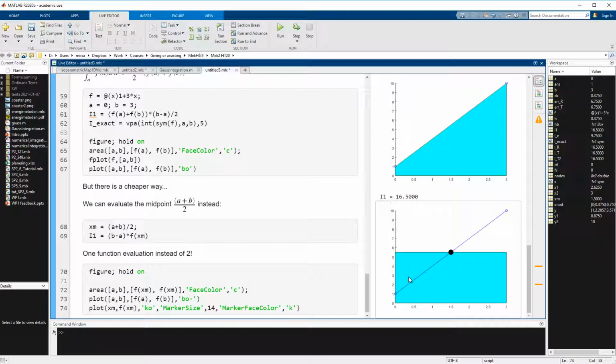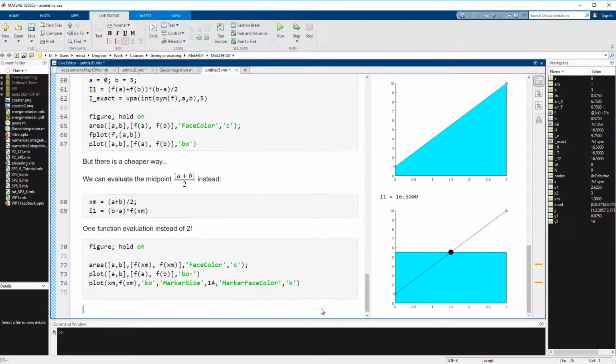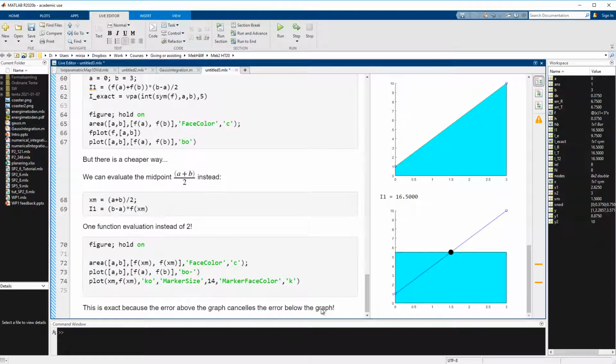The error we're making on this side is the same as the error we're making on this side. Basically, we're adding too much here, and we're not adding enough here, but these cancel each other out. So that's why it works for any linear polynomial. It's not really anything to hooray over. For linear polynomials, we have cheap methods. Good. And what about everything else?